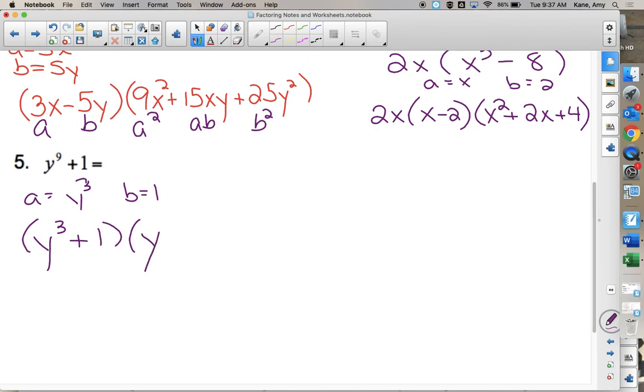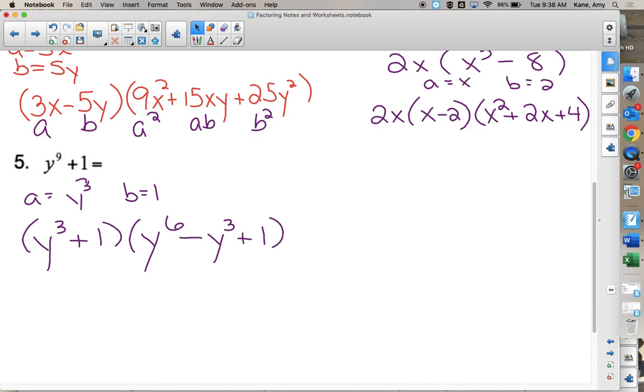So if you have y cubed and you square that, what does that become? Y to the 6. So if you're squaring that, you're really taking y cubed and y cubed together. And then it says opposite sign, a times b, so that's a y cubed times 1. And then always plus and b squared.